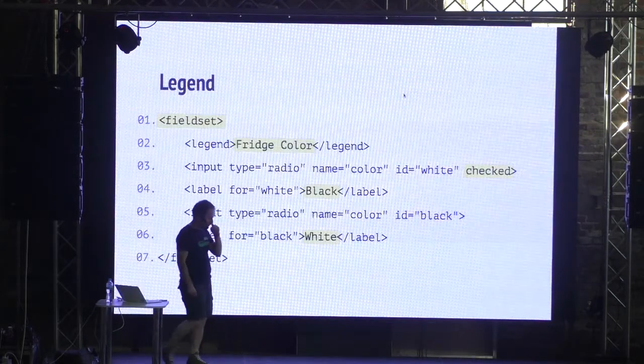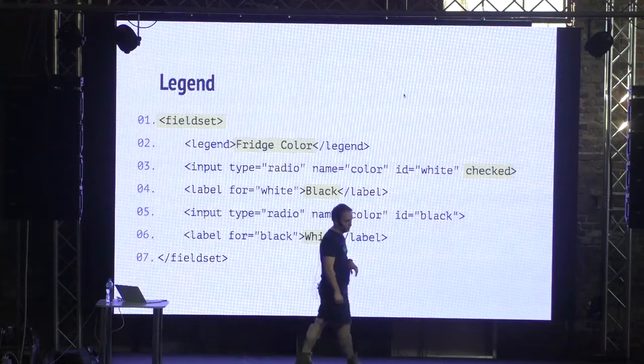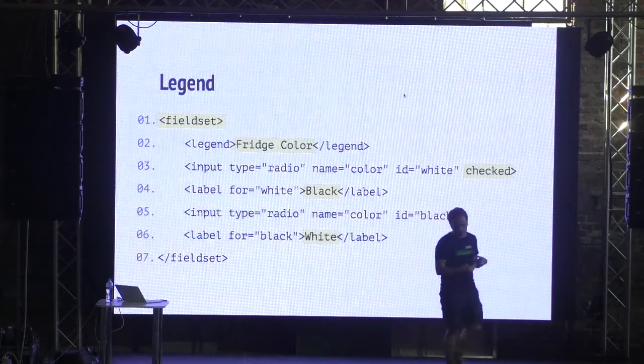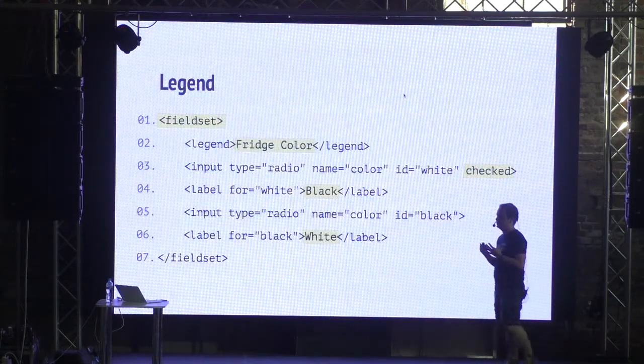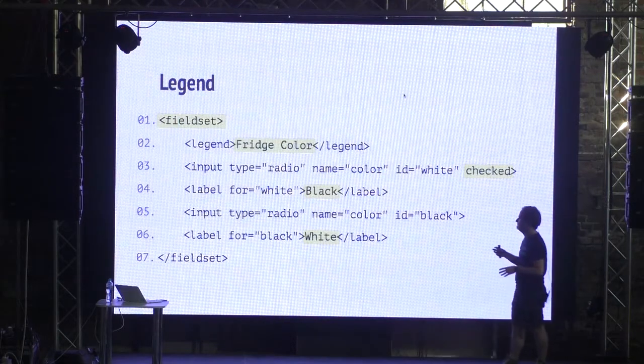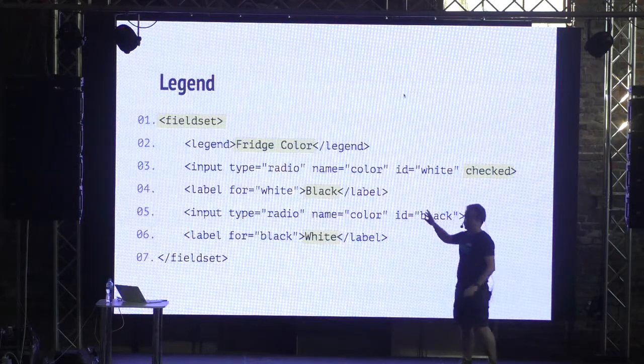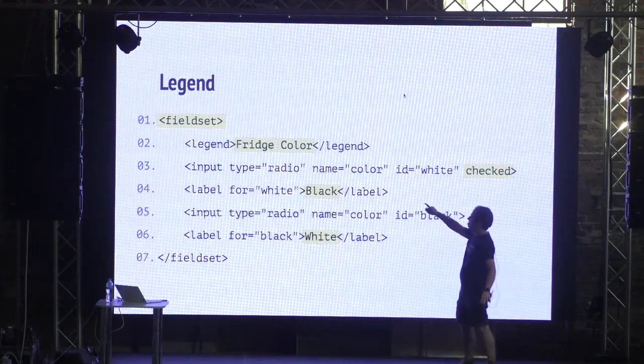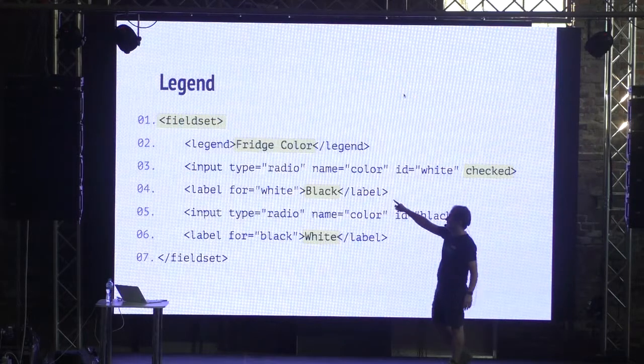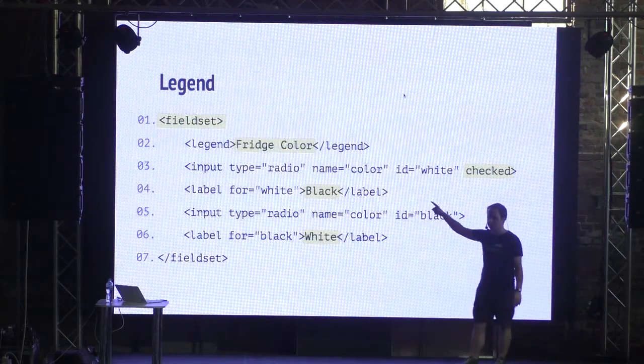This is the thing that when I saw it, I was so impressed by the thing that browsers do with accessibility that I just want to share it with you. Stay with me; it will be over soon. So this is the fieldset element. This is a set of fields.